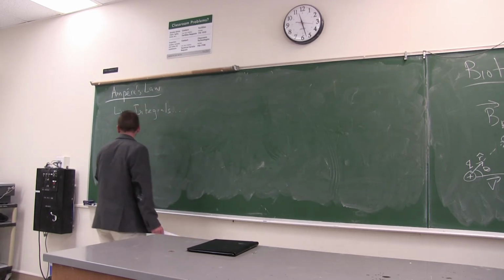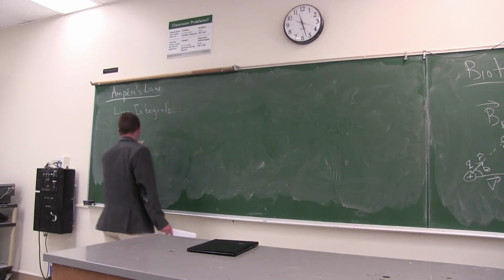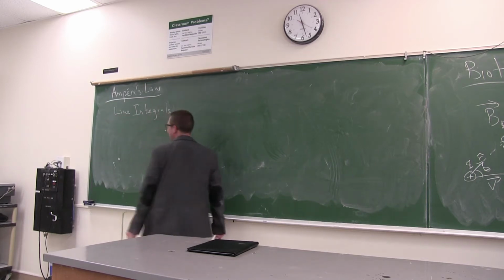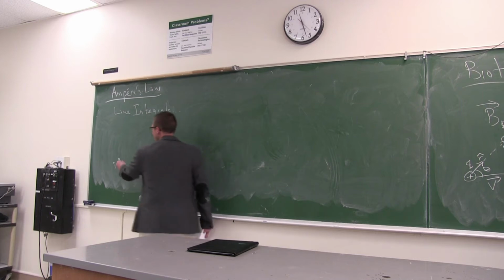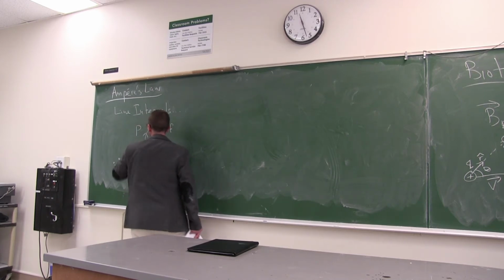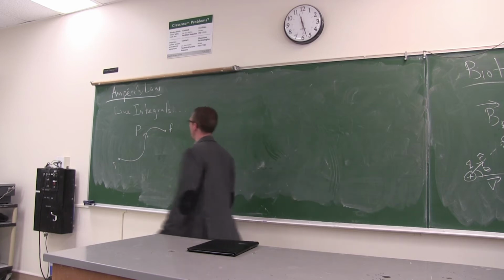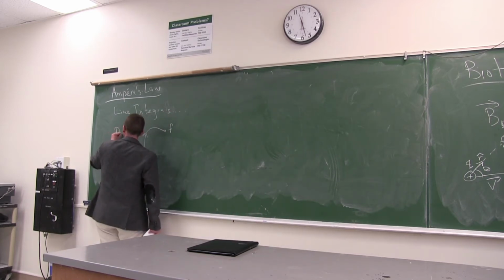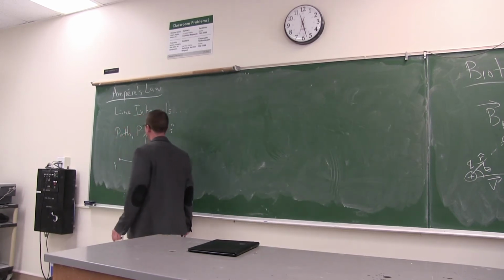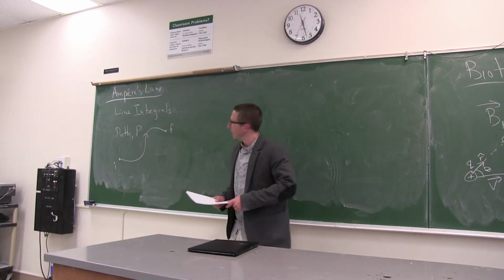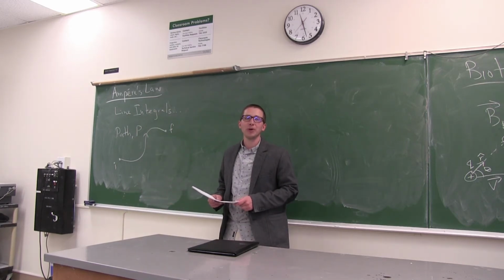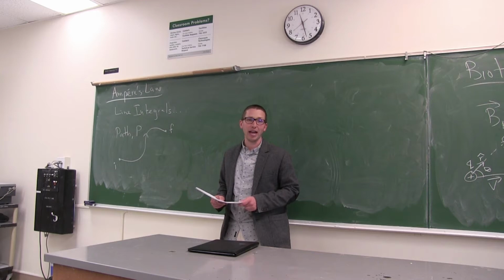The basic idea is, let's say I have 2 points in space, initial and final, and I have some path P between those 2 points, I and F. Let's imagine that you want to actually calculate the length of that line.